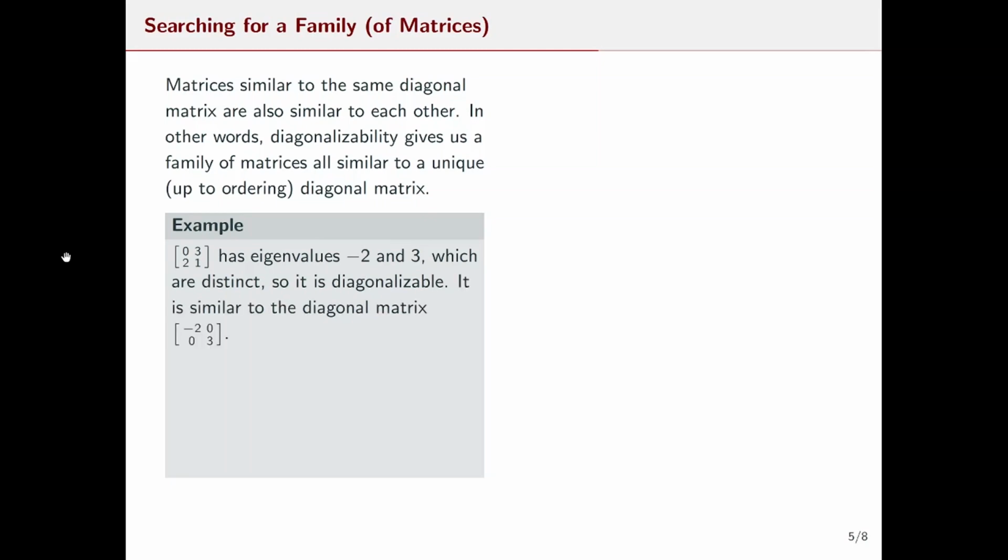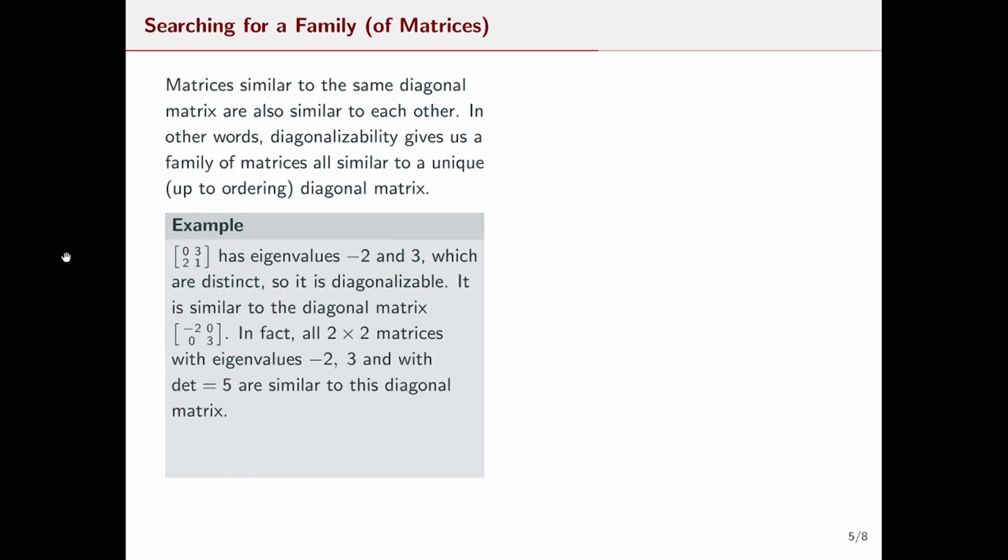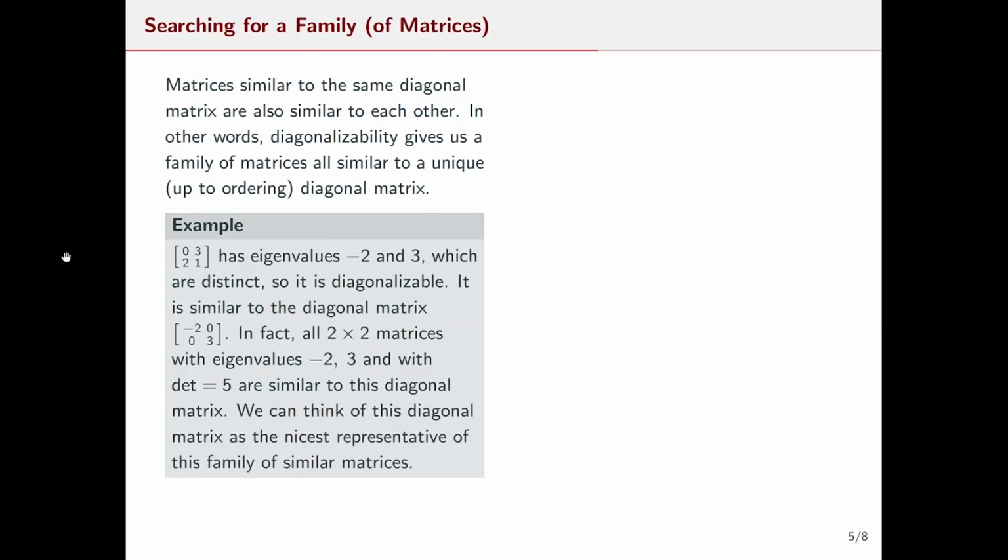In other words, it's similar to the diagonal matrix with its eigenvalues as the diagonal entries, [−2 0; 0 3]. But in fact, all 2x2 matrices that have these eigenvalues and same determinant are similar to this matrix. That is, there is a family of matrices that have as its nicest representative the diagonal matrix with its eigenvalues.